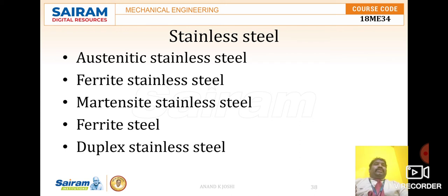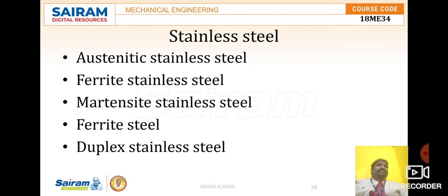A typical composition of this kind of steel is 18-8, which means stainless steel consisting of 18% chromium and 8% nickel, along with other alloying elements like carbon, manganese, etc.